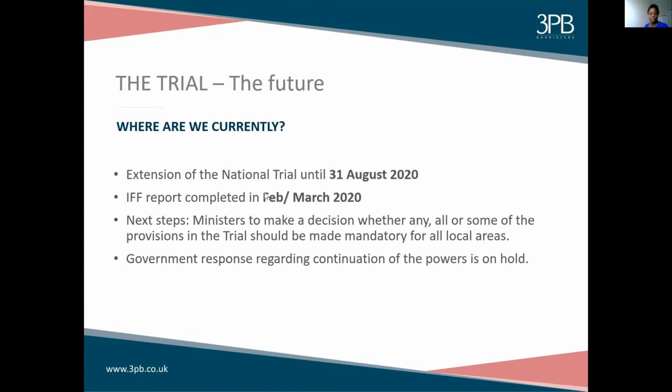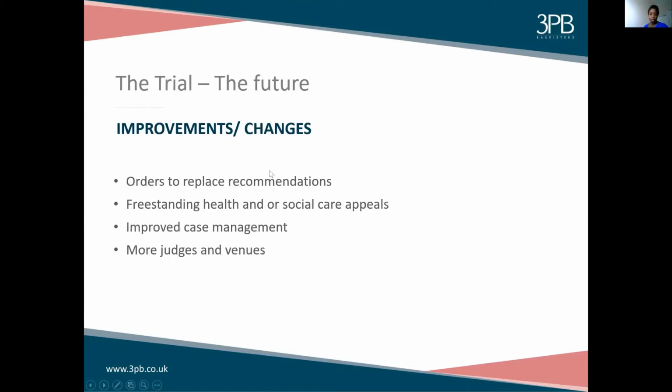In terms of next steps, ministers were actually supposed to be making a decision in relation to what happens on the national trial just after Easter. However, because of the coronavirus, it has delayed this consideration of the national trial, and it's lower down their list of priorities.